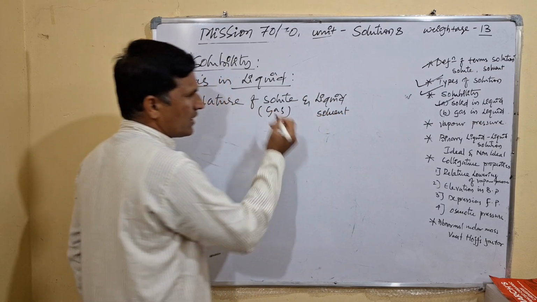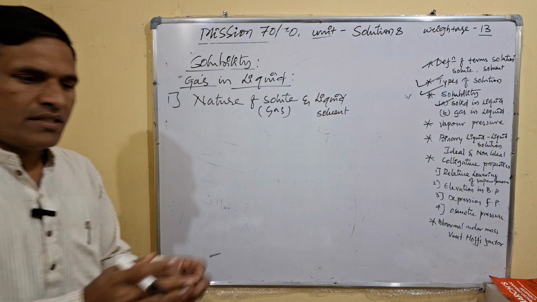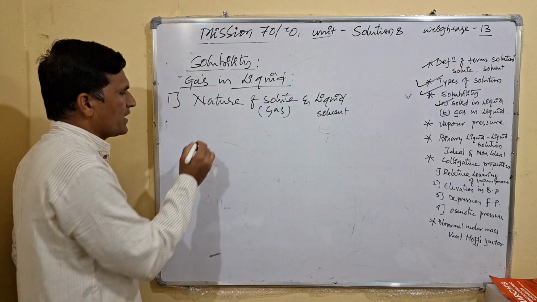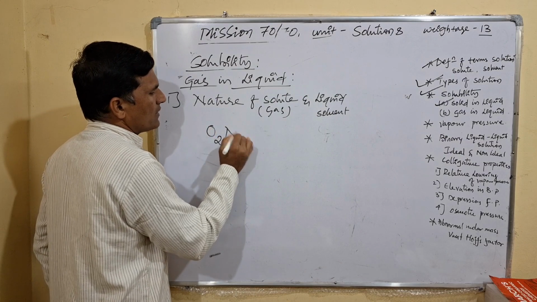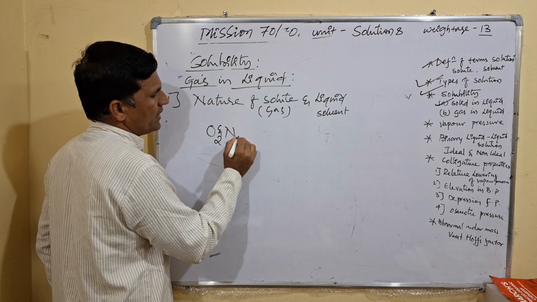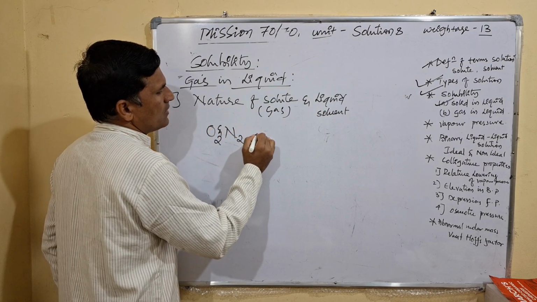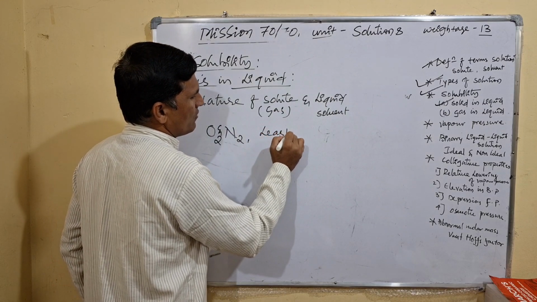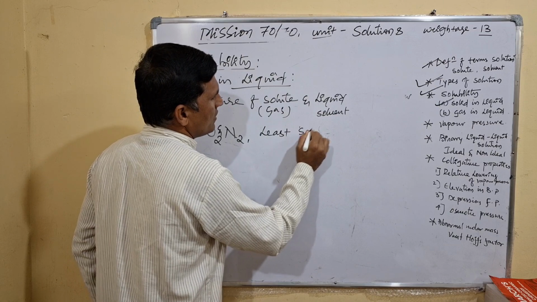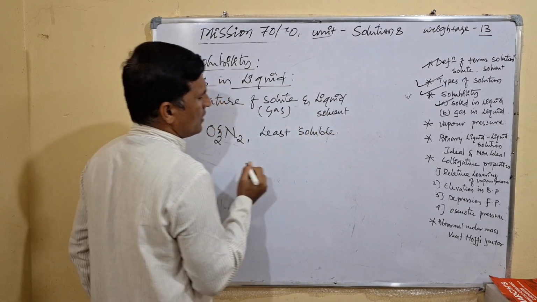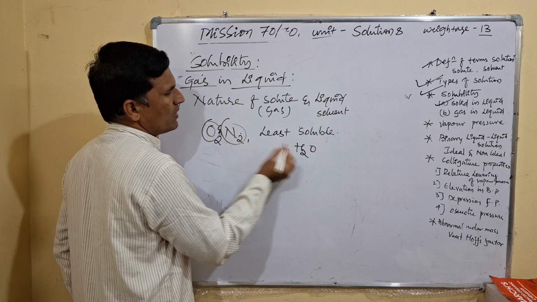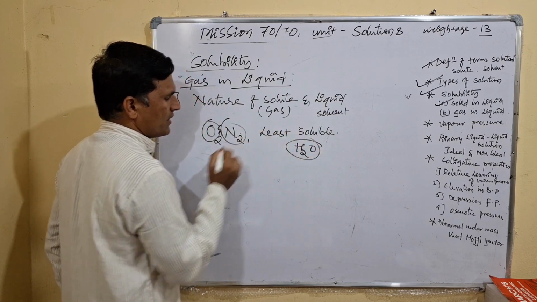Once again the same generalization we can make here, that like will dissolve in like. For example, non-polar gases like dinitrogen and dioxygen are least soluble in water. What is the reason for that? Water is polar but these gases are non-polar, so they are least soluble in water.